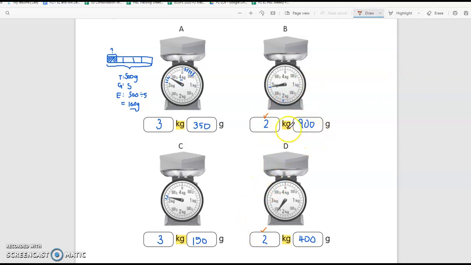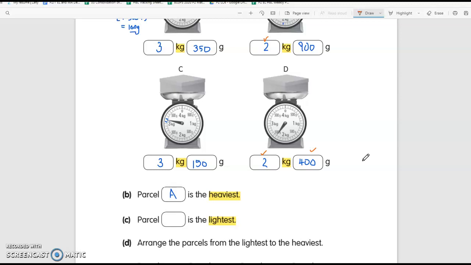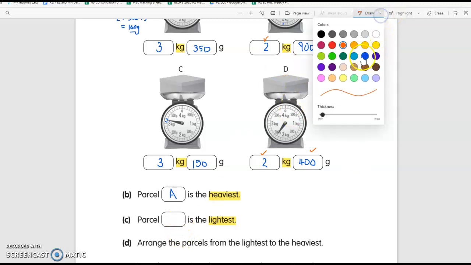So now, once we compare the kg, we compare the grams. This is 900 grams and this is 400 grams. So which is lighter? If you compare the value, we can see that 400 is a smaller value. Therefore, it is lighter. Okay, so parcel D is the lightest.